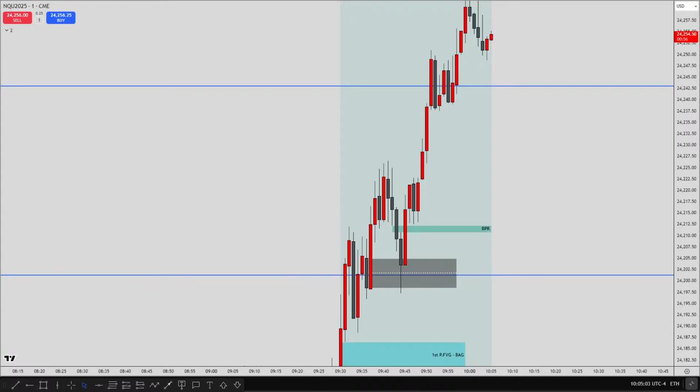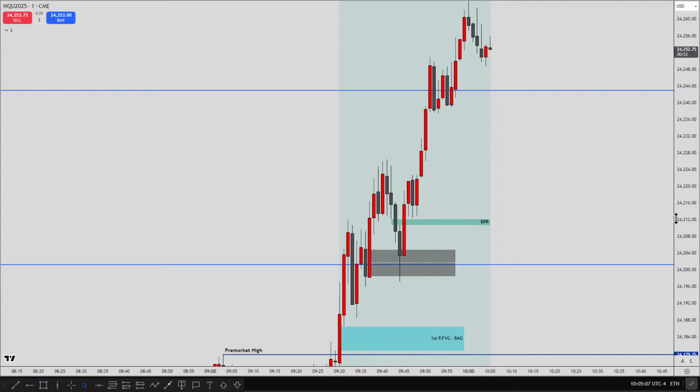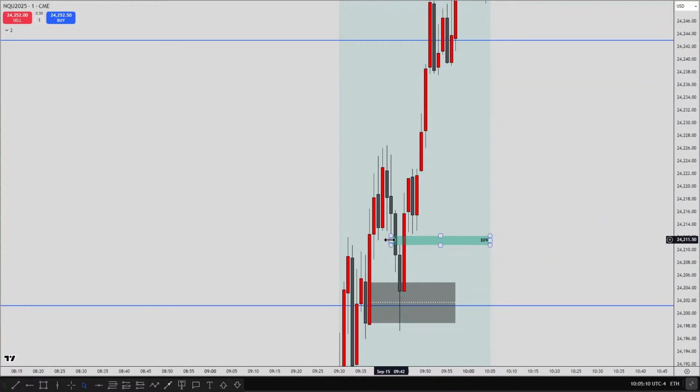I just realized I was muted. Yeah, so the consolidation bounce price range isn't going to be treated the same as two overlapping inefficiencies.